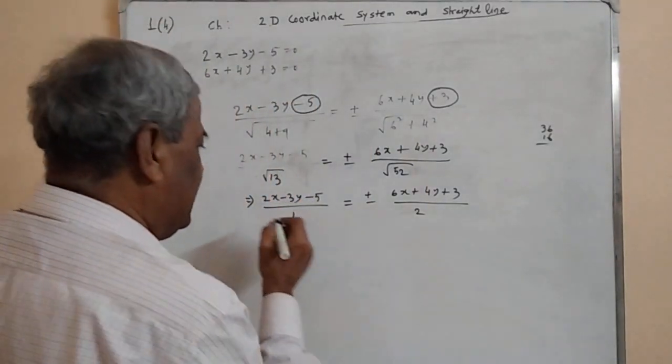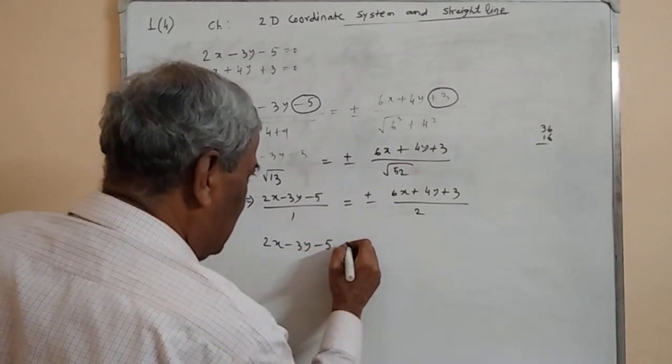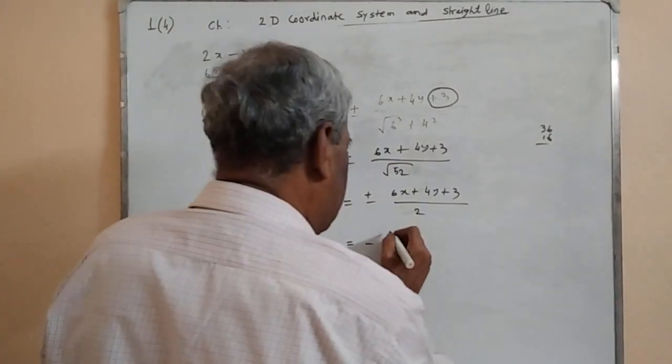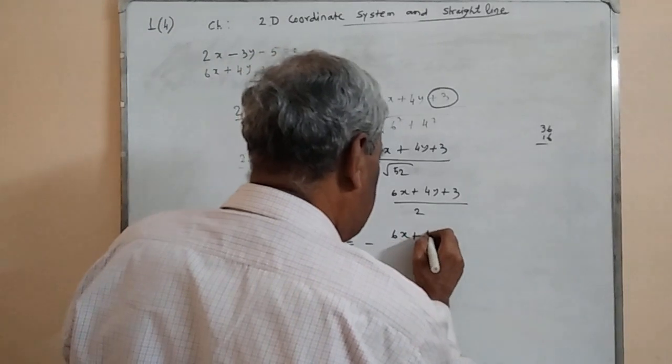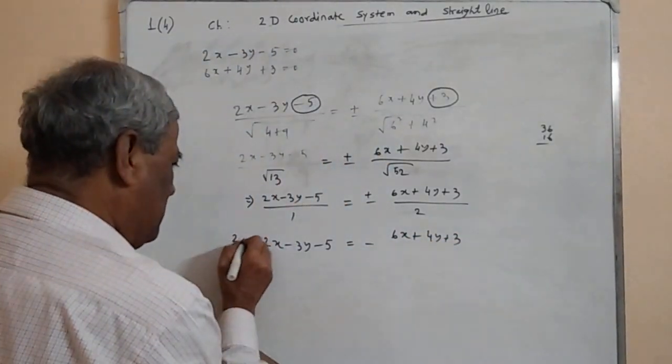So the required one is 2x minus 3y minus 5 is equal to minus of (6x plus 4y plus 3) by 2, so we can multiply this by 2.